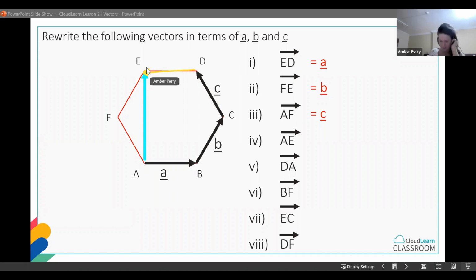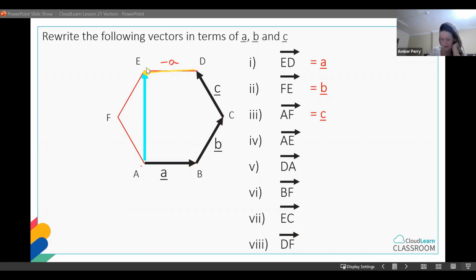It's negative A. It's the same size as A, and it's parallel to A, but it's going in the opposite direction. So I could pick up AB and lie it directly on ED, but it's not going in the same direction. AB is going this way, whereas DE is going this way, okay.